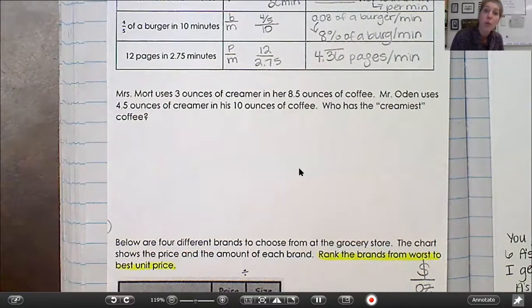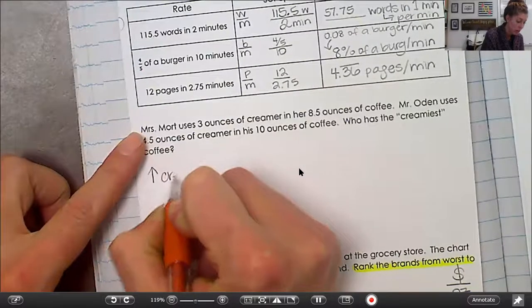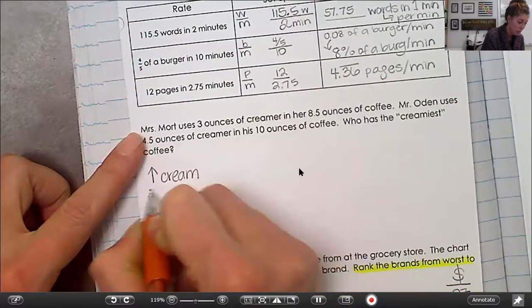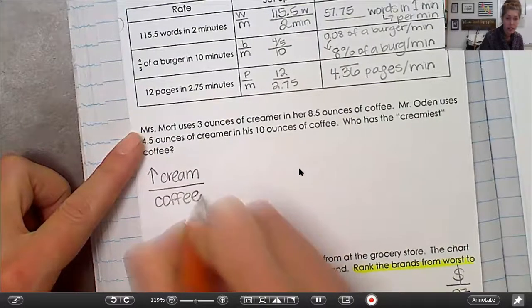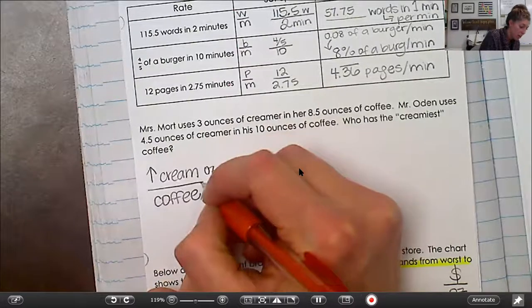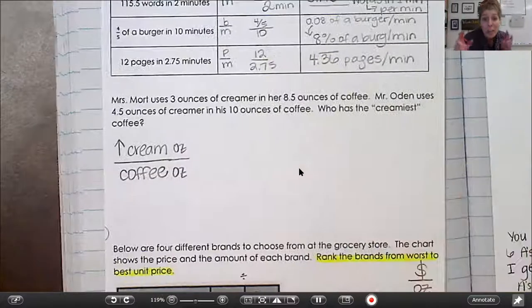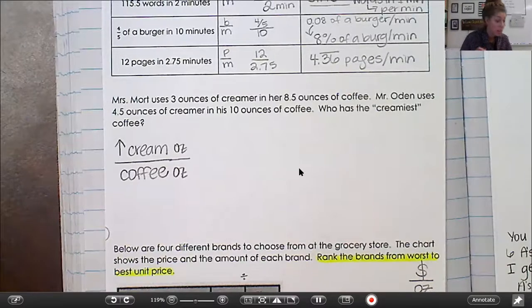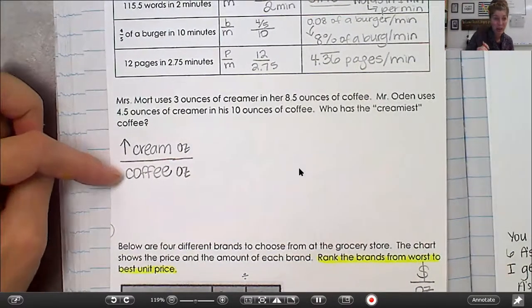So if we're looking for the creamiest coffee, we want the greater amount of cream per ounce of coffee, right? And these are cream ounces over coffee ounces. The person with the creamiest coffee would be the more ounce of creamer per ounce of coffee, right?